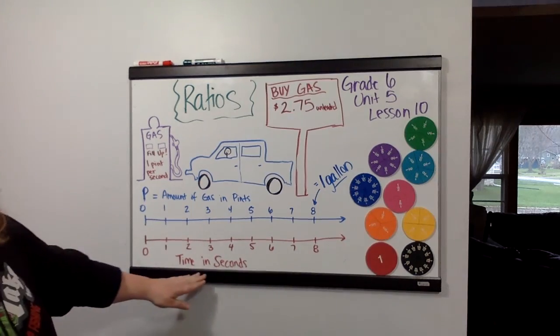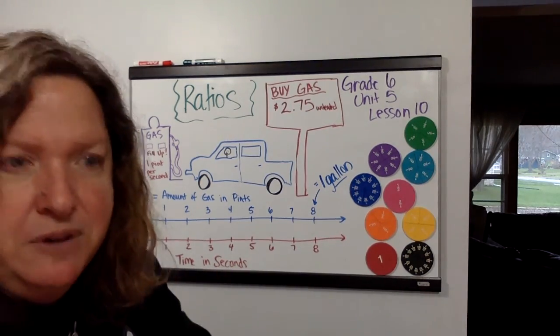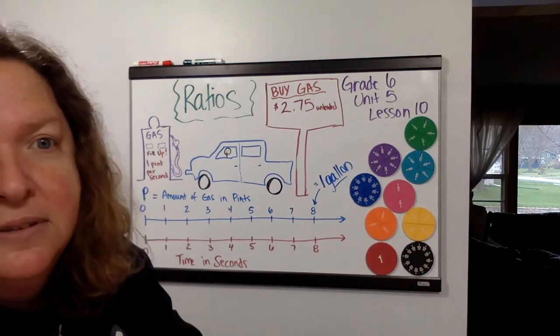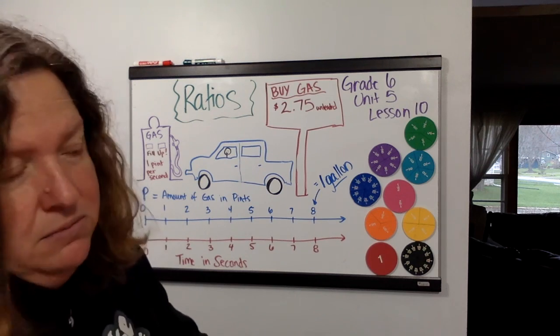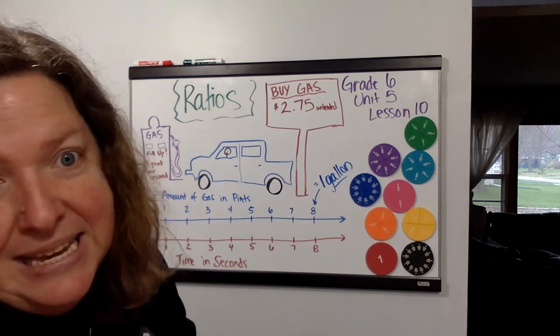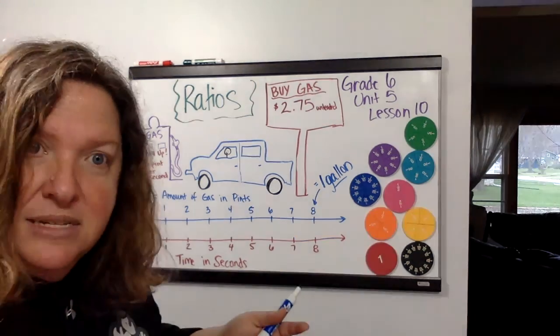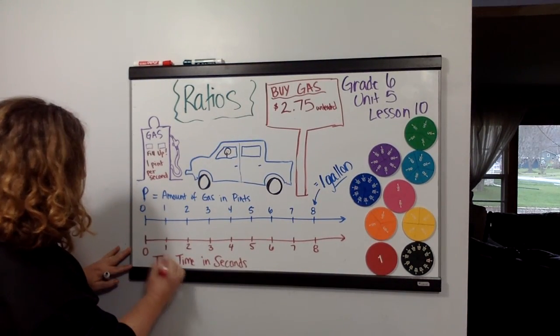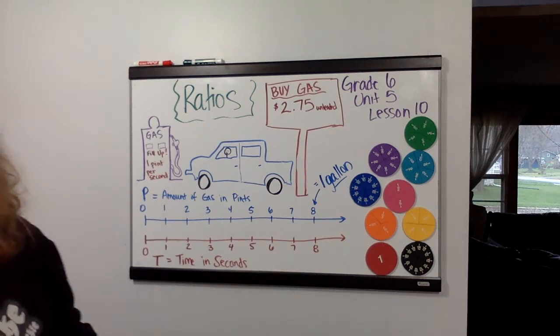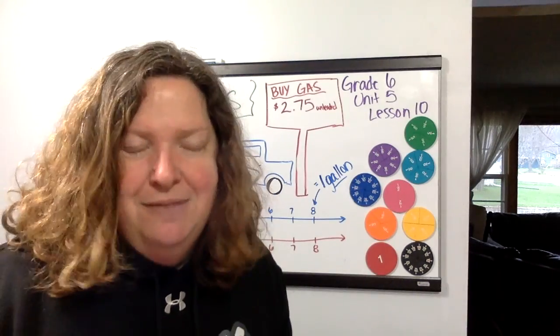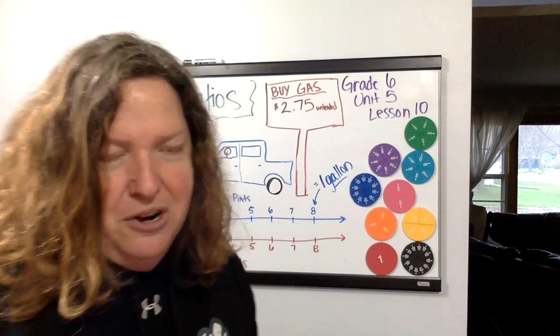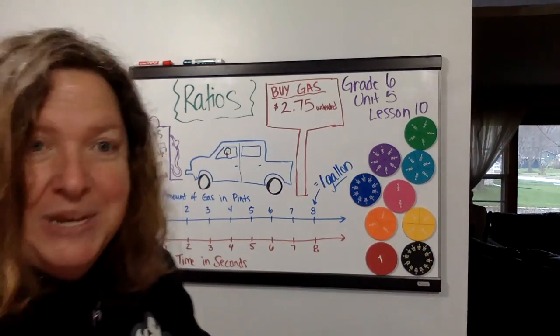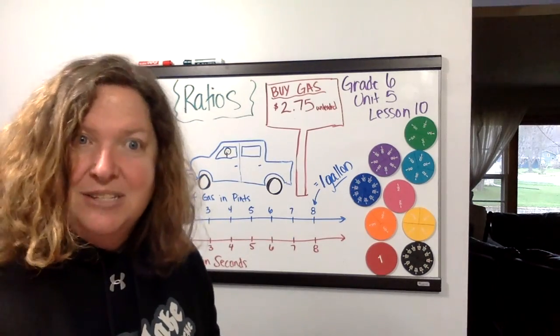Now, what about time in seconds? What variable should we name that? Well, it makes sense that it would be either T for time or S for seconds. I'm going to go T because S looks so much like a 5. I really try not to use that as a variable if I can, because it's just really hard to tell if someone's writing an S or a 5.